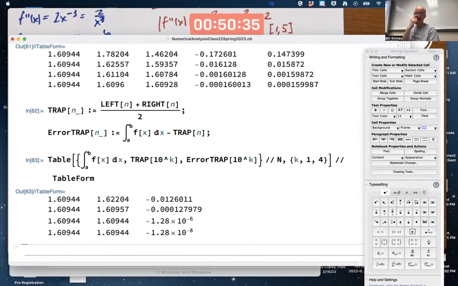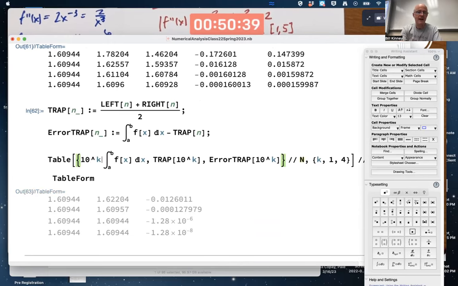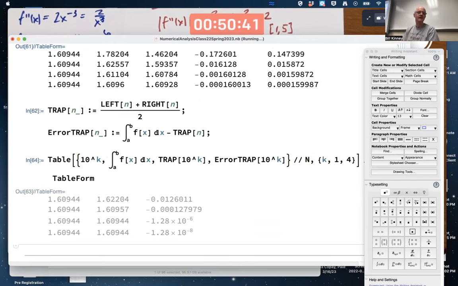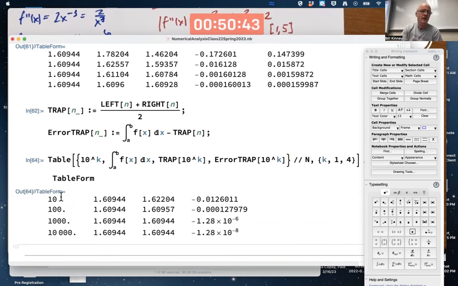And again, the table, maybe I should have another column here for 10 to the k. The table is giving you approximations. First when n is 10, then 100, then 1,000, then 10,000. And we can see the errors here becoming smaller and smaller.